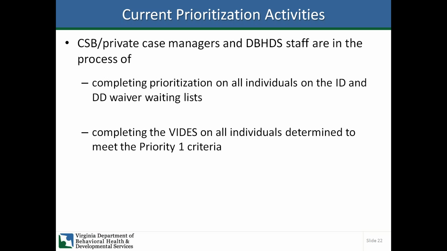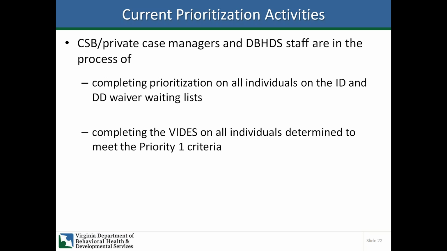So currently our activities related to prioritization are that the CSCs and private case managers and DBHDS staff are working towards completing prioritization on all individuals on the existing ID and DD waiver waiting list. We are also working towards completing the VIDEs on all individuals who are then determined to meet the priority 1 category.